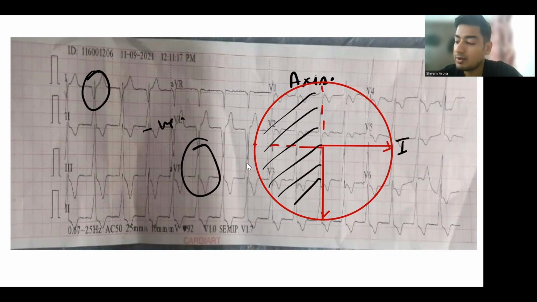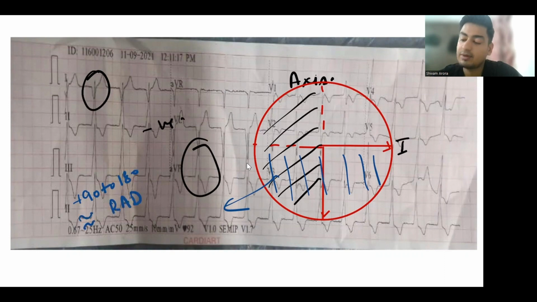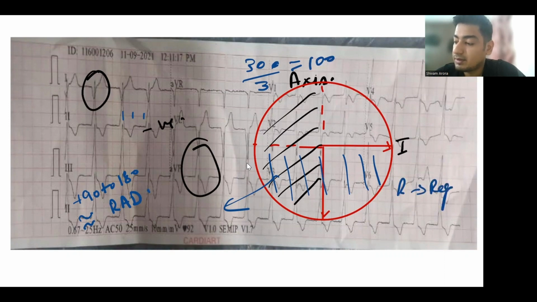Lead AVF is showing a positive QRS, axis would be in this hemisphere. Overlapped region is this, so axis would be from plus 90 to 180, which equals right axis deviation. Again, the heart rate here is almost 3 big squares, it is 300 by 3, and rhythm is regular.